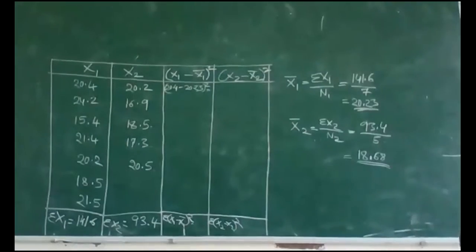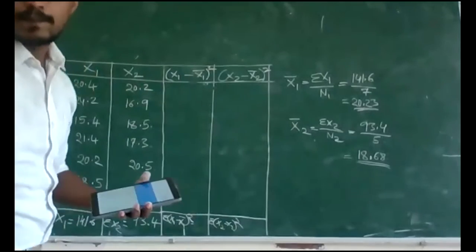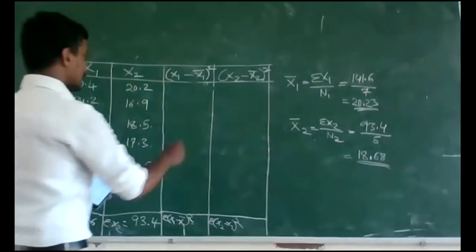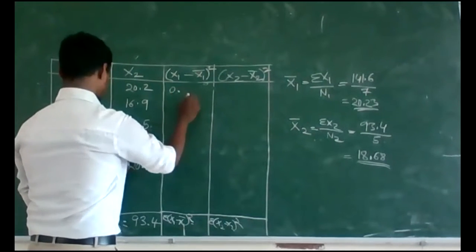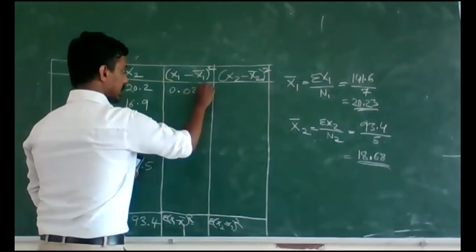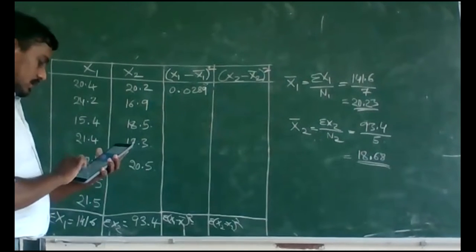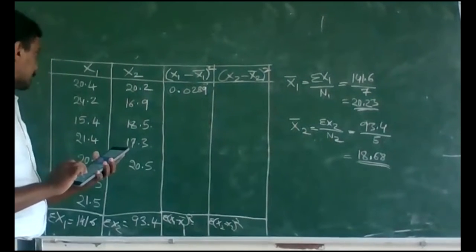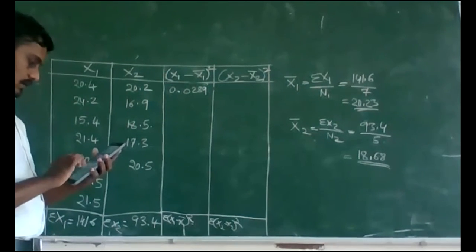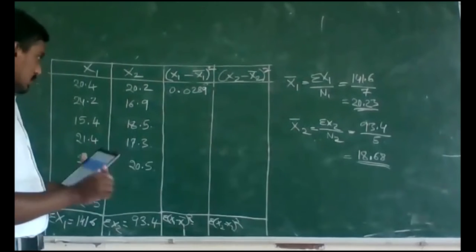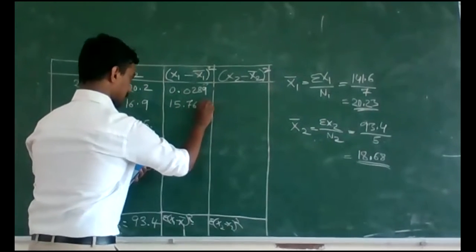The first value, 0.0289, and this side, right? Then 24.2 minus 20.23, 15.7609.